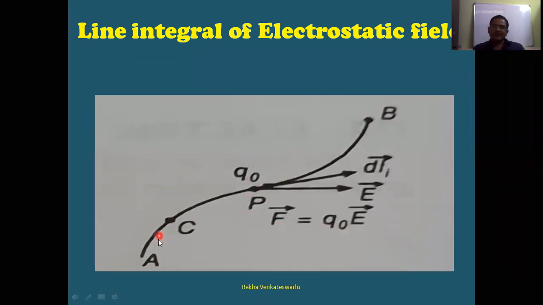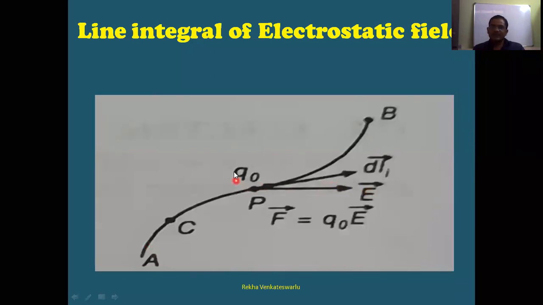So what I am saying is, the path is divided into small infinitesimal length elements. Consider a small length element dl bar at the point P. The direction of dl bar is shown here. The direction of the electric field strength at that point is along the tangent line direction, that is the E bar direction.